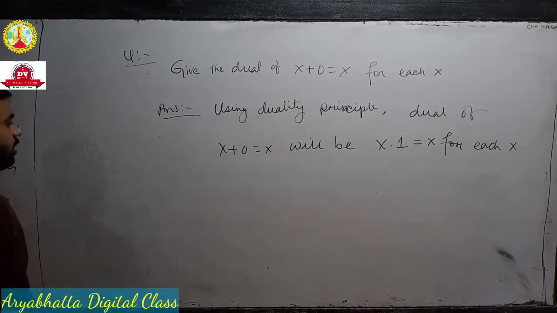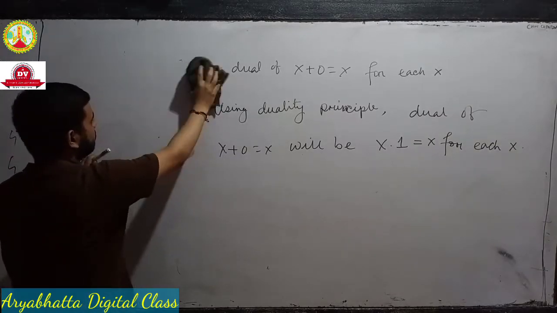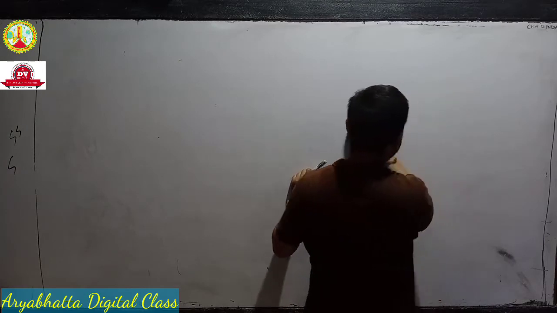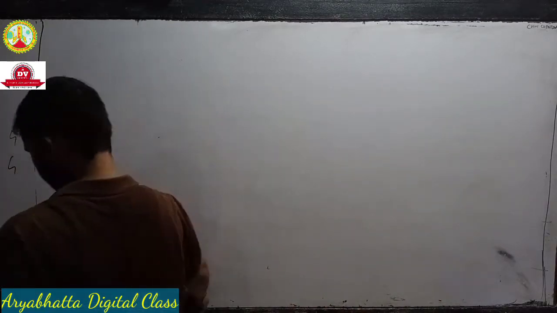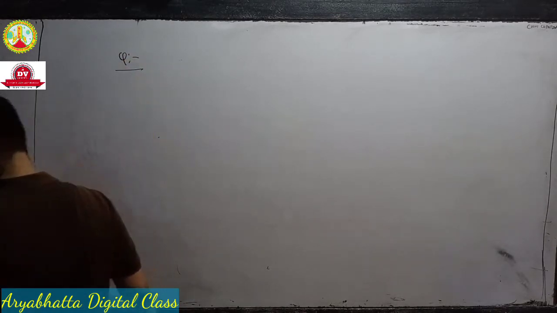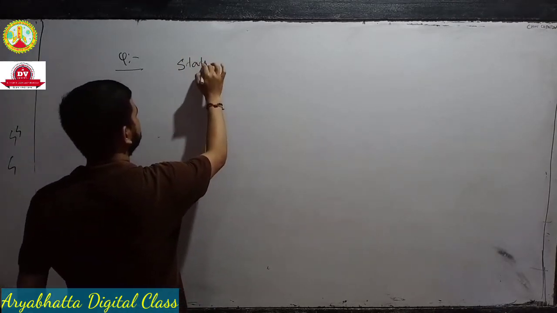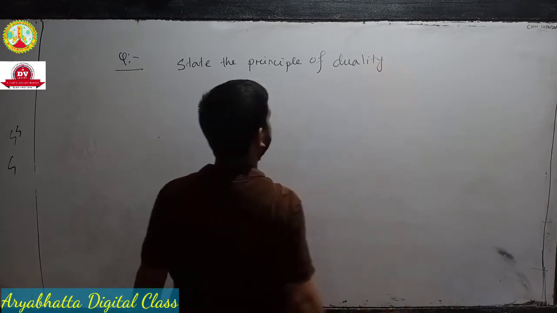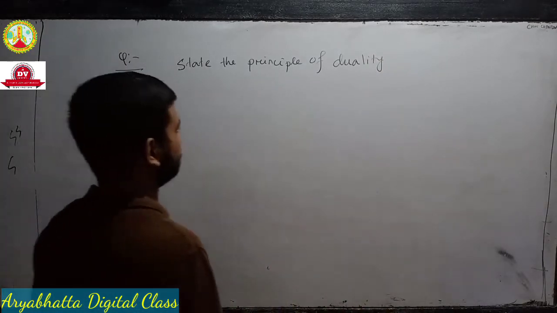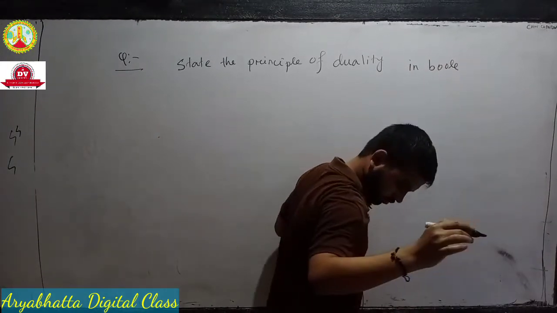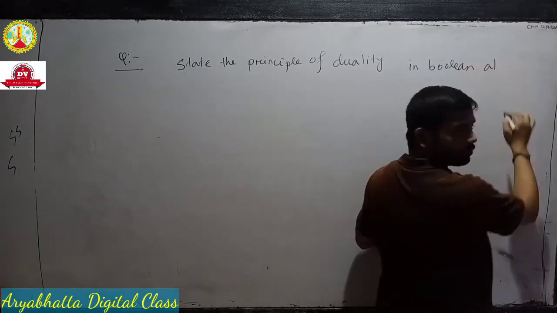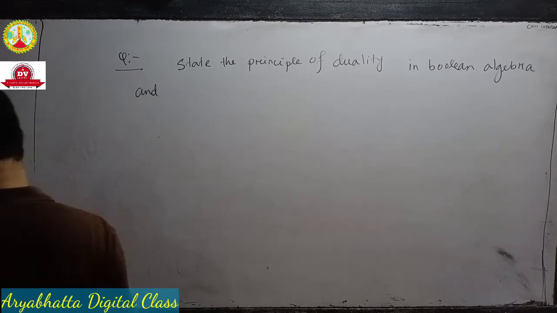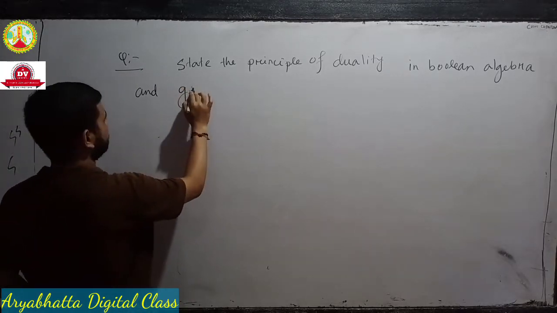And the last question is: state the principle of duality in Boolean algebra and give the dual of the Boolean expression.